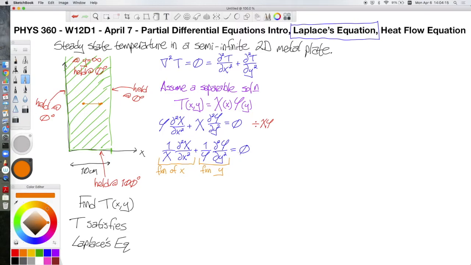Well, y has stayed the same, so our y portion of our equation should not have changed at all. So if this equation is still going to add up to equal 0, that means the x portion of our equation can't change when I move x. And that means that each of these things has to be equal to a constant. So we can rewrite what we have in the following way.